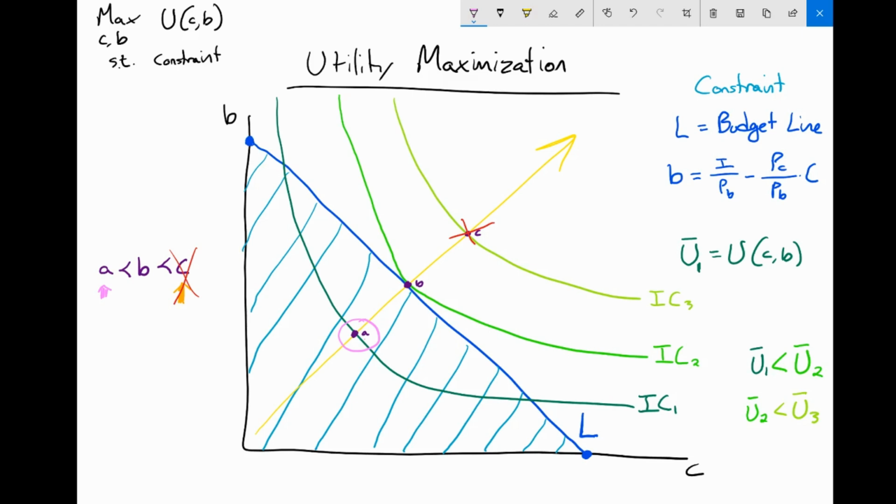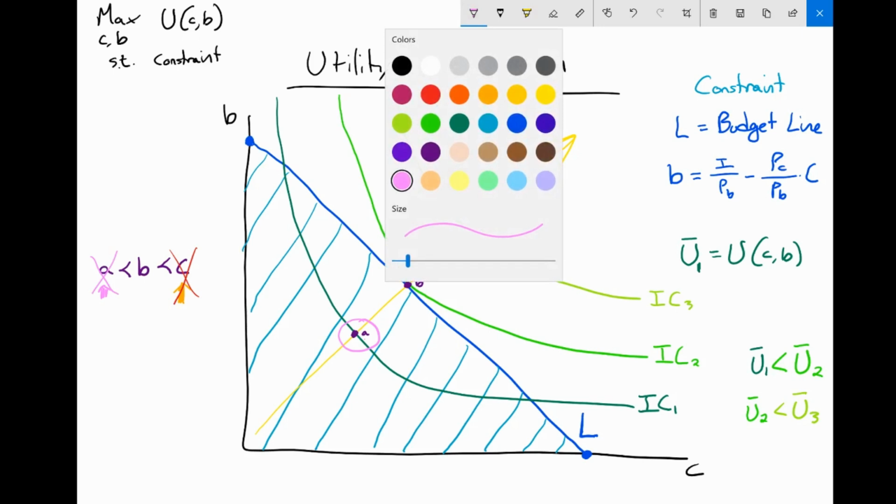However, does A give them the most utility? Well, no. We already said that B gives greater utility than A. So although they can afford bundle A, because it's within the opportunity set, they still will not take it, because there is still a better deal.